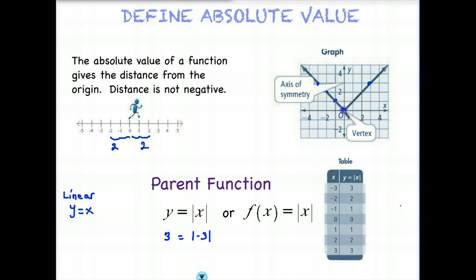Here is our vertex at 0, 0. And then if I had my line of axis of symmetry in here, I could just reflect these points over to give me my reflection points. Or I can continue to use my table to plot these other points. 1, 1, and 2, 2, and then we already plotted 3, 3 right there.